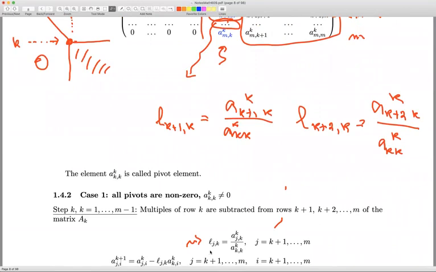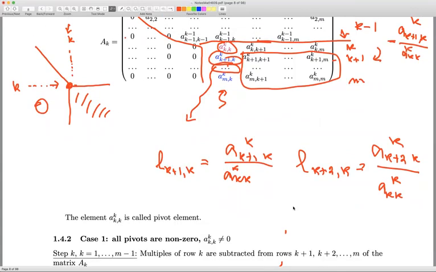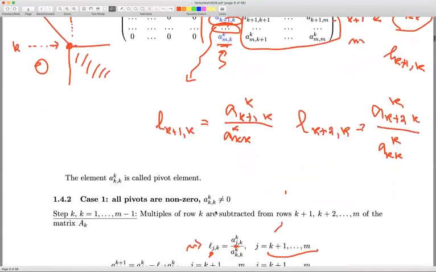Just that the index J here, it is written in terms of the index J, and J runs from K plus 1 to M because it starts from this K plus 1 here and runs up to M. So we make these numbers, and these are exactly the numbers that we will multiply the kth row. You see here, this is exactly the number L K plus 1K. And this is the number that we will multiply the kth row.